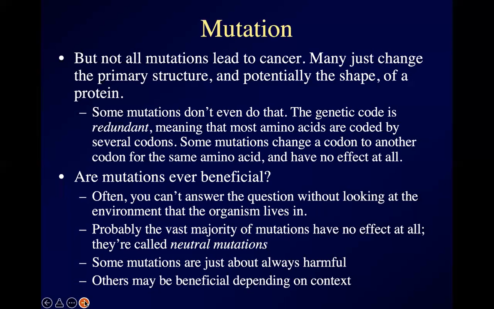Even if mutations do change the primary structure and maybe the shape of a protein, sometimes that doesn't affect what the protein does in any significant way. And again, probably the vast majority of mutations are completely neutral. They don't do anything. There are some that can be quite harmful.